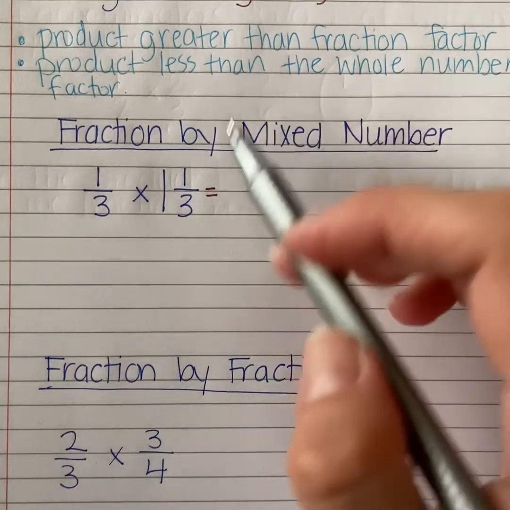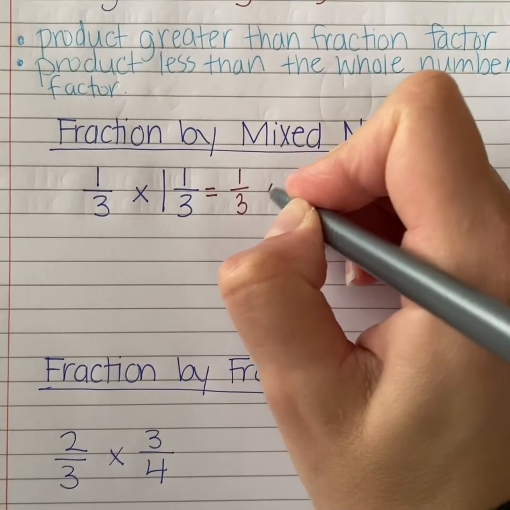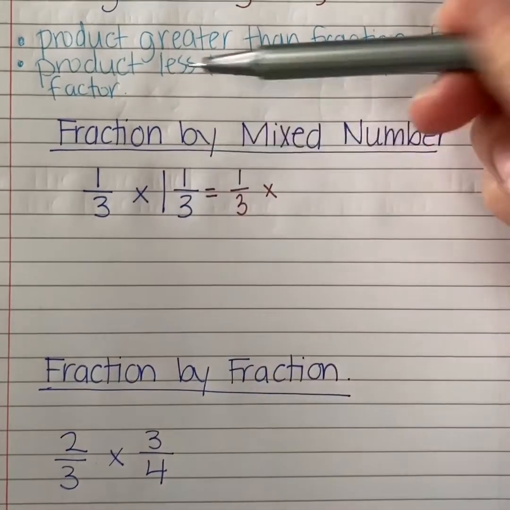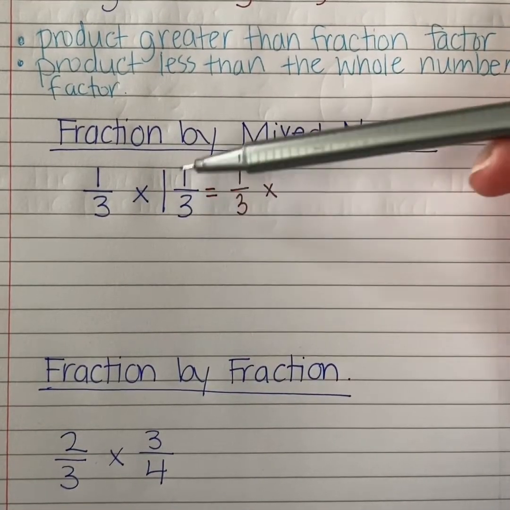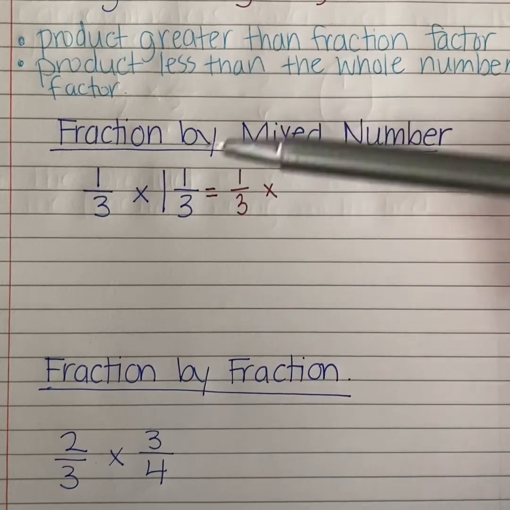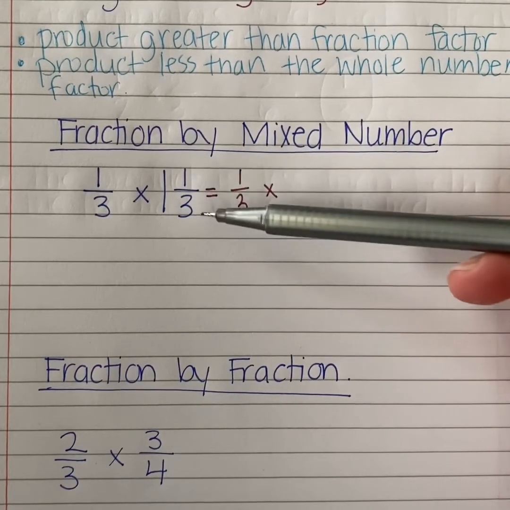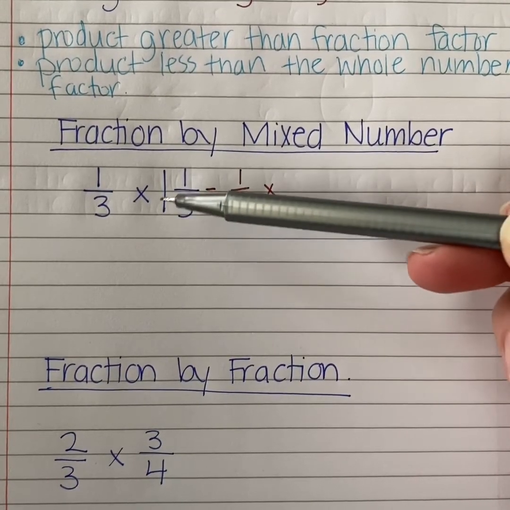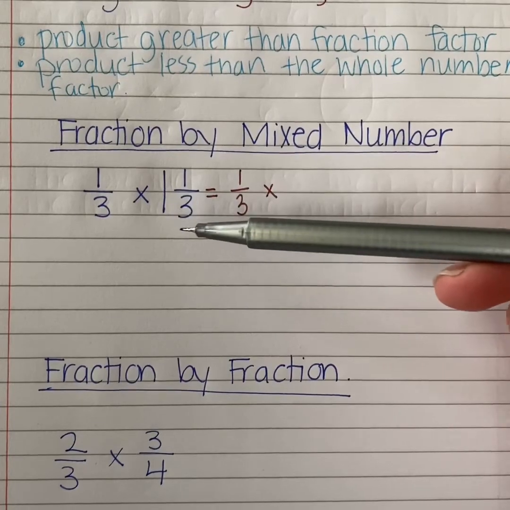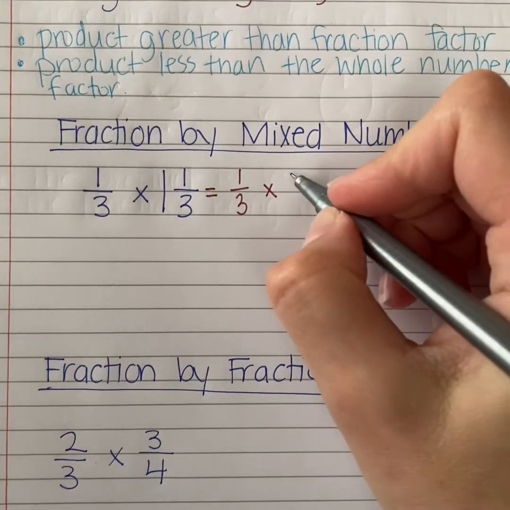In order to do that, we need to look at the equation a little differently. So we have 1/3, and then we're going to multiply it by 1 and 1/3, which is the same as, now there's two ways to do this. How I do it is I always look at the fraction part of my mixed number and say, okay, this is out of thirds, and I have one whole, which would be 3/3, and a third, which makes 4/3, right?